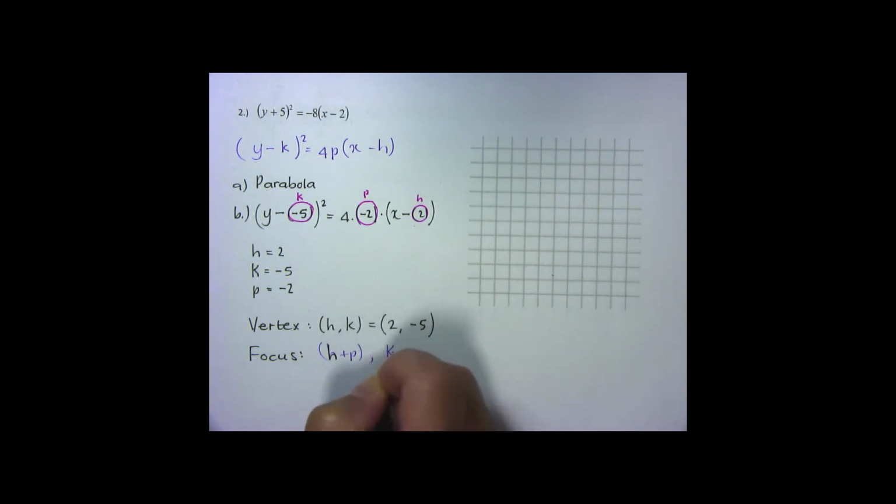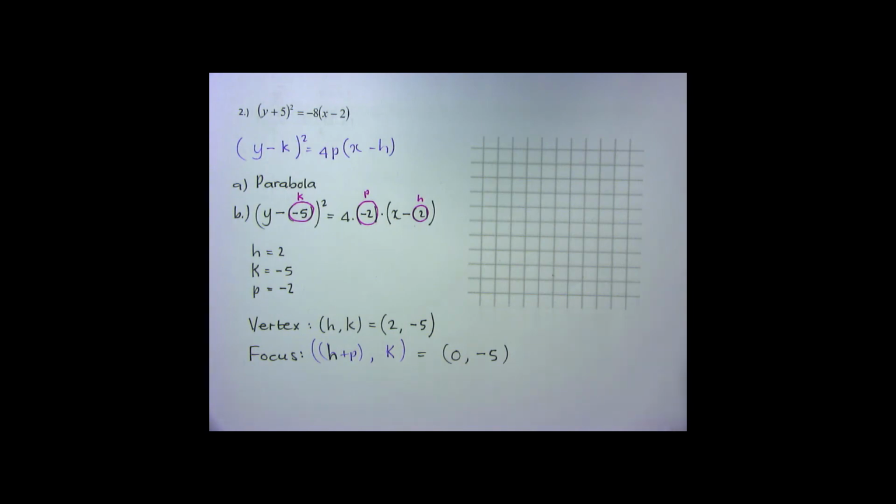Remember, the focus here, if we have a shift, is going to be the point h plus p, comma, k, by formula. This is where the focus will be located. So for our problem, h plus p is 2 plus negative 2, which is equal to 0, comma, k is equal to negative 5. That's where my focus will be located.